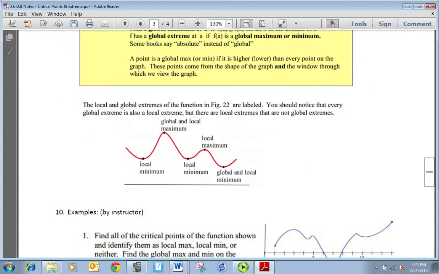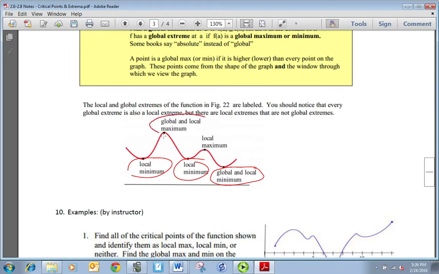If we look at this picture, it gives you more of an idea of max and min. A minimum is the low point of a graph, or the low point of an interval. So we have some local minimums here for low points, and then this last point is a global and local. It's global because it's the lowest point over the whole graph.